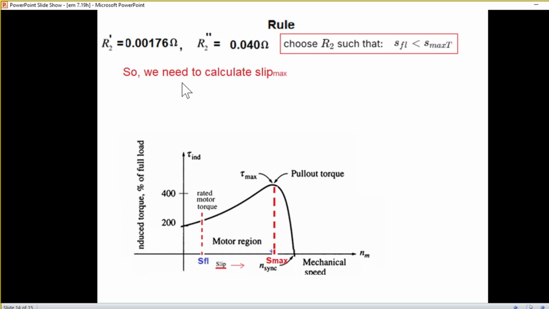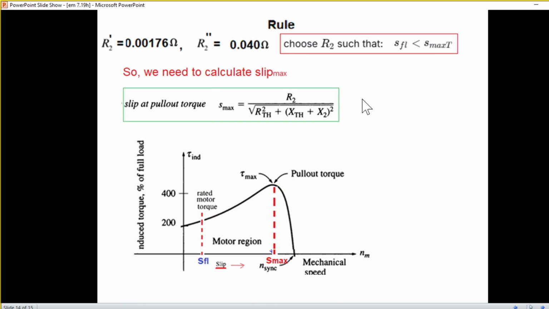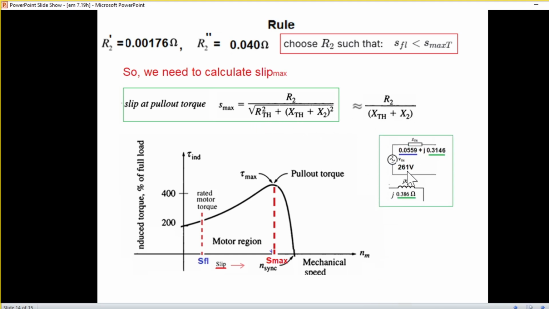So we need to calculate slip maximum for both these values. This is the formula for slip given in the book. We can further simplify this to this value. That is, we can eliminate R Thevenin, and the reason is that generally R Thevenin is very, very small as compared to the sum of this and this.